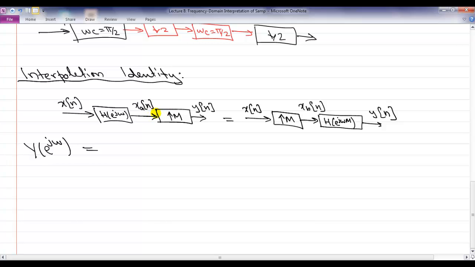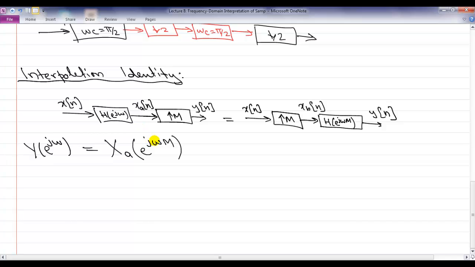And if you remember from the previous class, when we do an expansion by a factor of M, the only thing that happens is a scaling of the frequency axis by 1 over M. So you get X_a(e^{jωM}). Expansion in time, your frequencies get compressed, scaling by a factor of 1 over M.